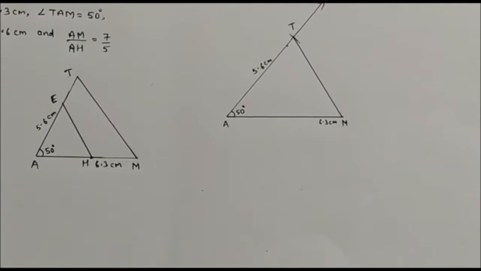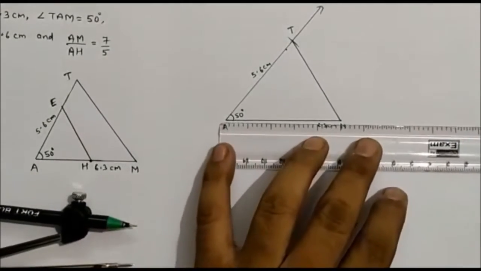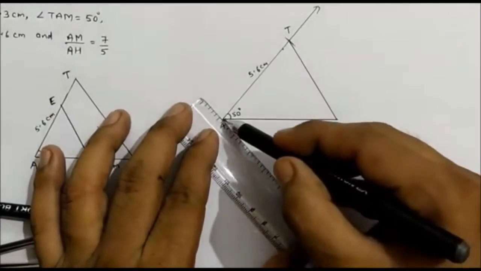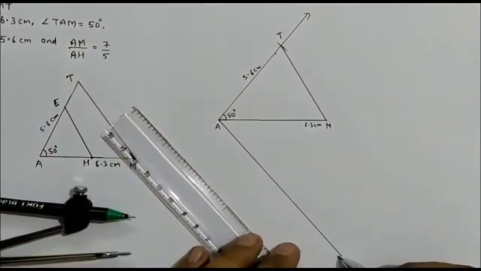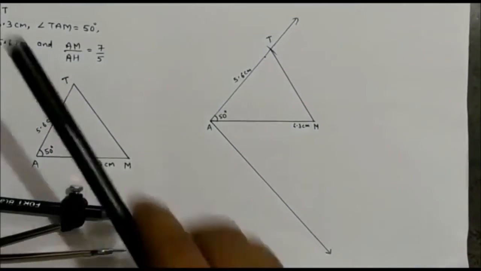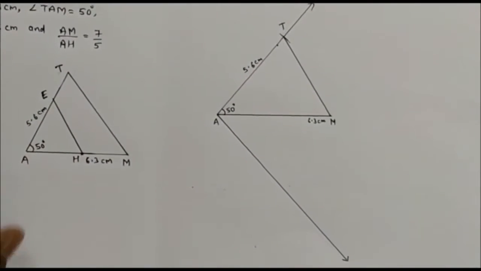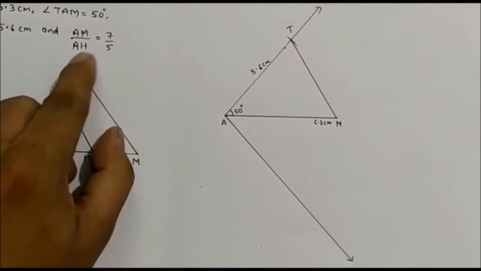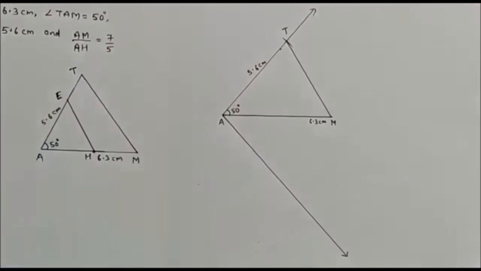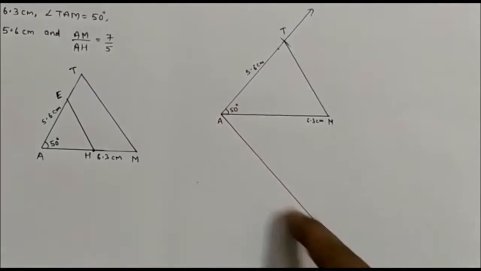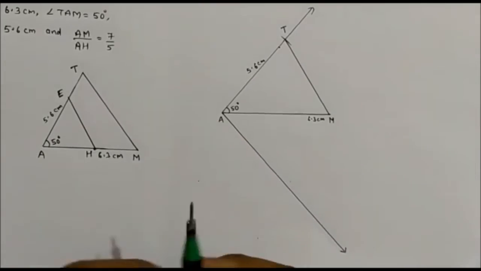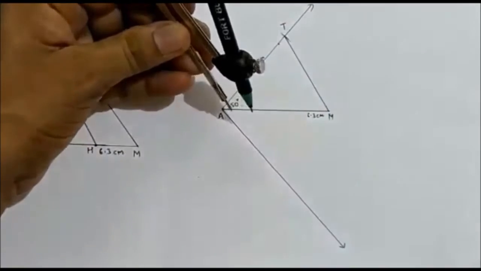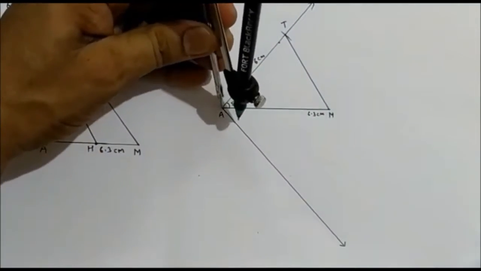So how do we go about that? For that, you can draw an acute angle here at this point. Now you can see the ratio AM 7, AH is 5. The 7 is bigger, so here we are going to divide in 7 arcs. You can take a small distance, maybe around 1 centimeter, and from here you are going to cut 7 arcs.